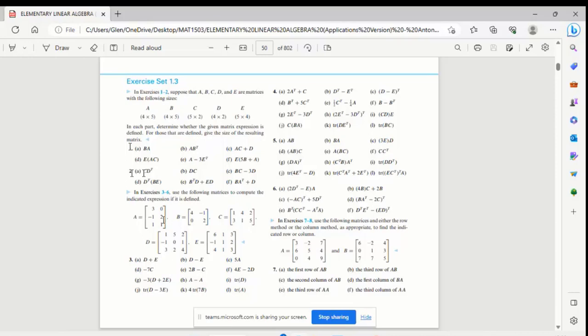Then I multiply the matrix by 2. Vuyo, the matrices that we are using are those that we used in A, B, C, D, E. Okay.